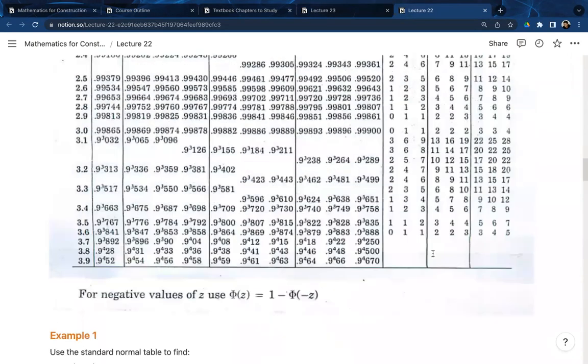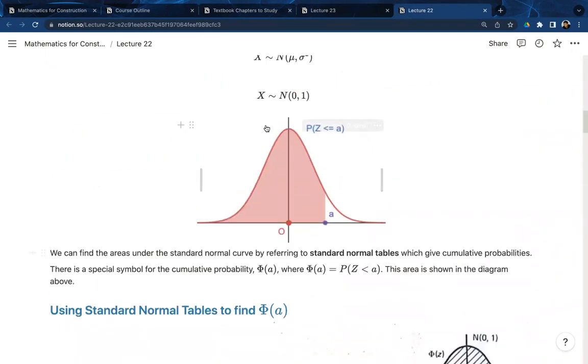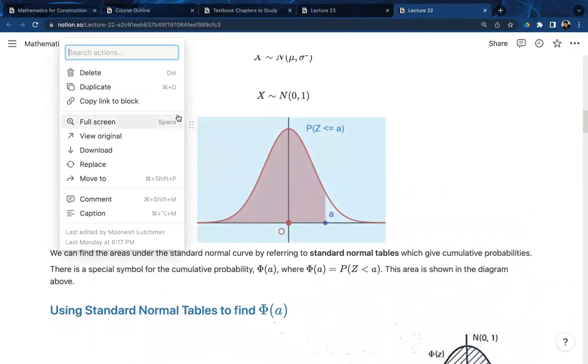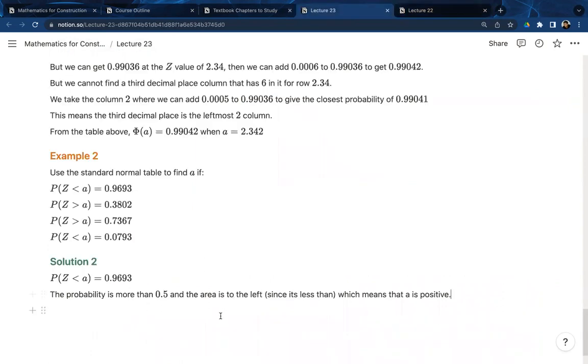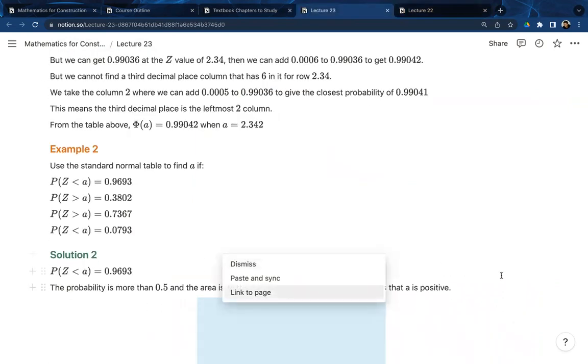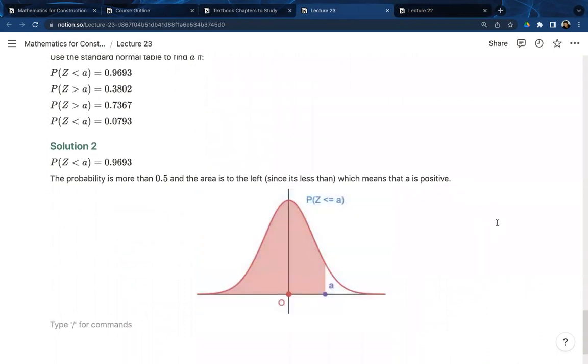Let me see if I have any diagrams where I could use this, right? So we have this situation here for this question, right? So this A value could be found directly from the table, right?